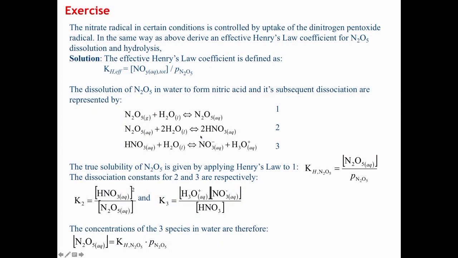Here are the equilibrium relations for N2O5 dissolution, hydrolysis and dissociation. I don't want to go through this exercise. This is an exercise for you to go through in the same way as I did for carbon dioxide, just to have some practice.